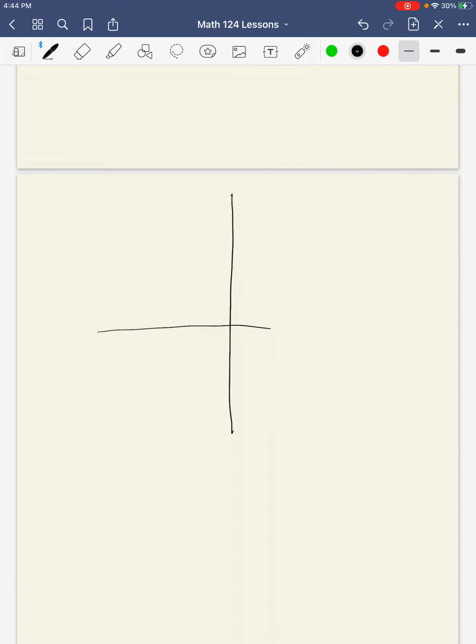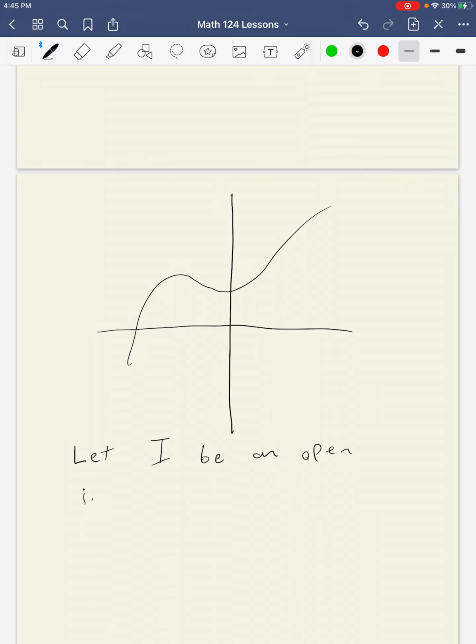Let me now give you a more mathematical definition. So let I be an open interval. And we'll let a, b be inside I with a less than b.